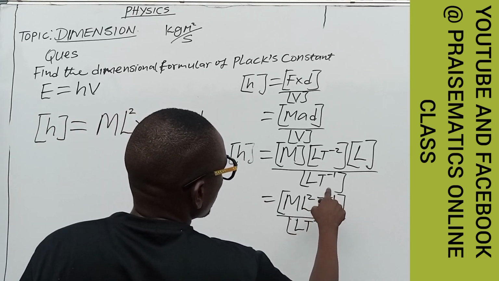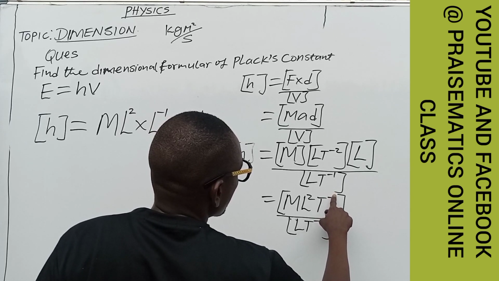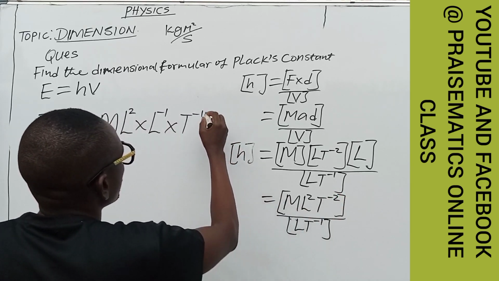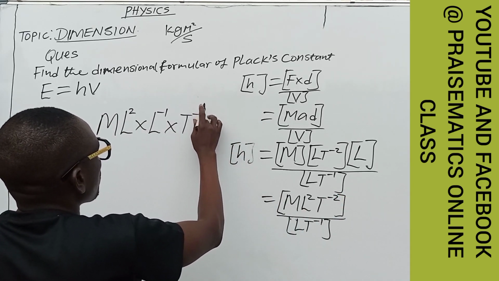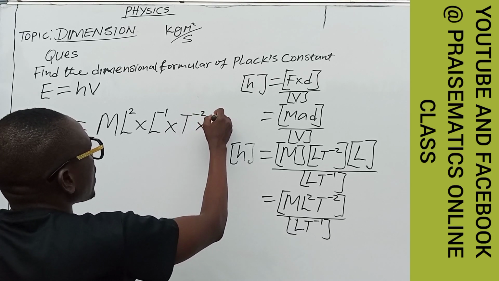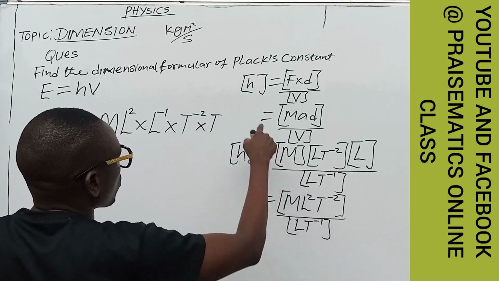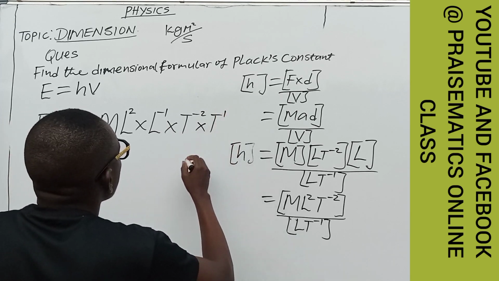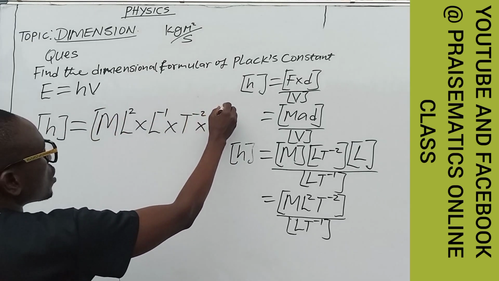Sorry, here we are supposed to have minus 2: t raised to power minus 2, which is now t raised to power minus 2 multiplied by t raised to power, this minus 1 coming up to be 1.